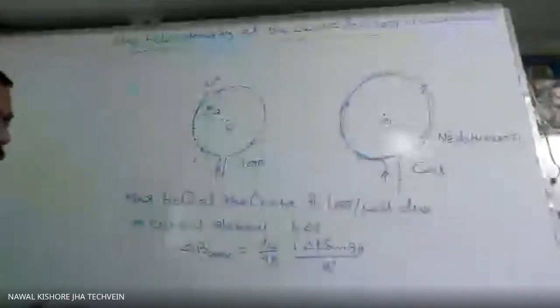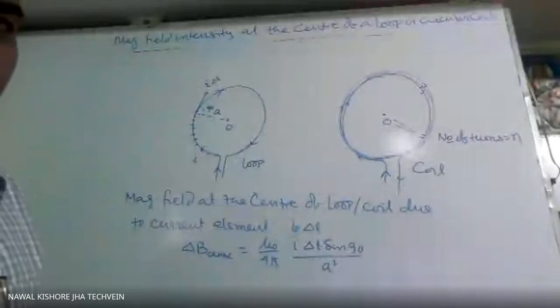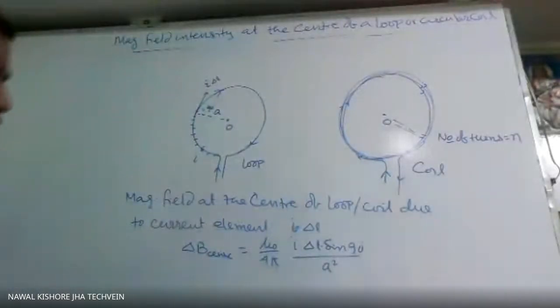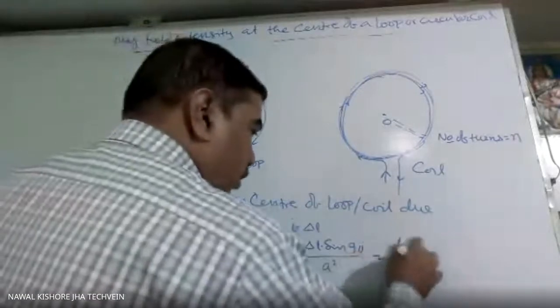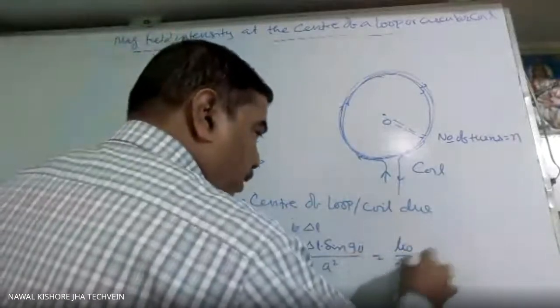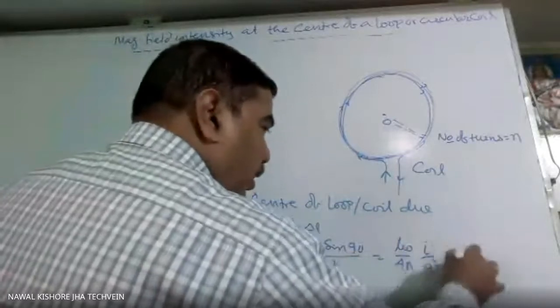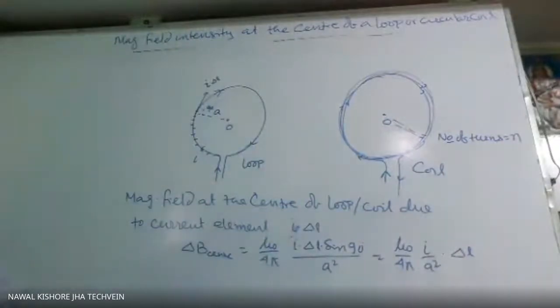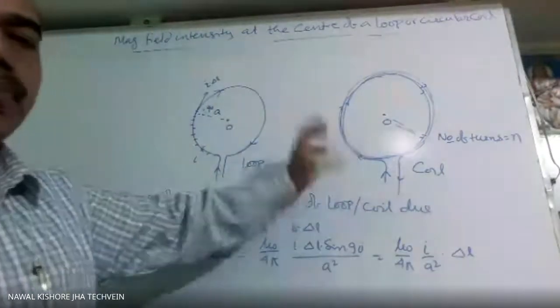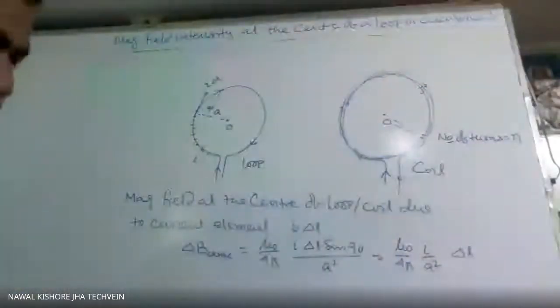If you find the magnetic field due to the whole loop or coil, then it is simply mu naught over 4 pi, I over A square is out, and delta L is the only one. If you want to integrate, we will write dl and then integrate. If you do the summation, we can write delta L.